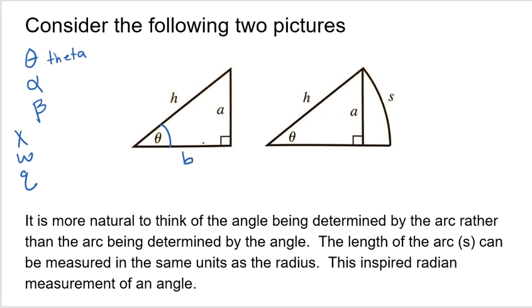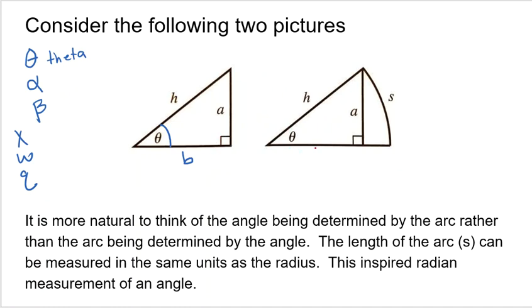But that angle theta has literally nothing to do with the H, the A, and the B. If I were to make this triangle bigger, extending the hypotenuse, which would make that far leg bigger, which would make the bottom leg bigger, that doesn't change the angle. The angle theta is still the angle theta. So again, there's just no connection there whatsoever. And that's what makes measuring angles in degrees just not really that fun.